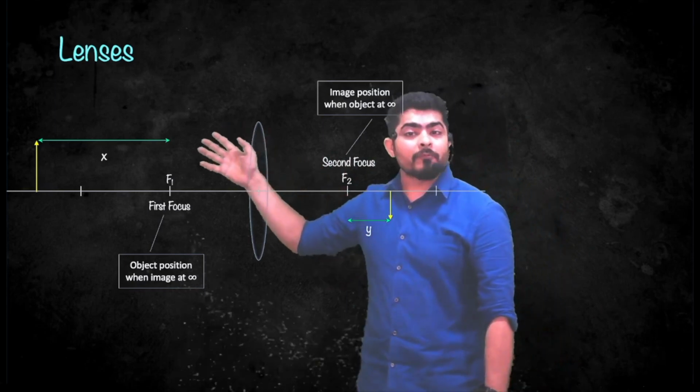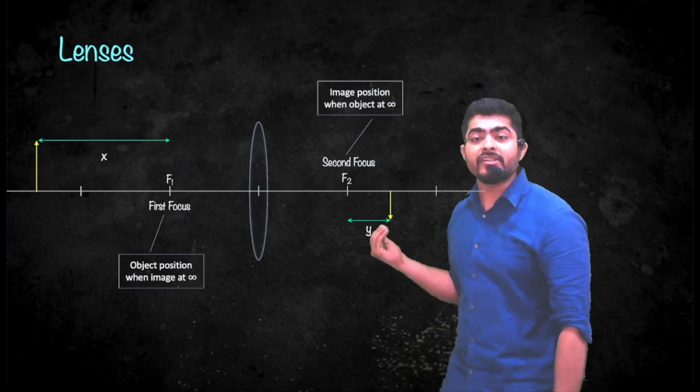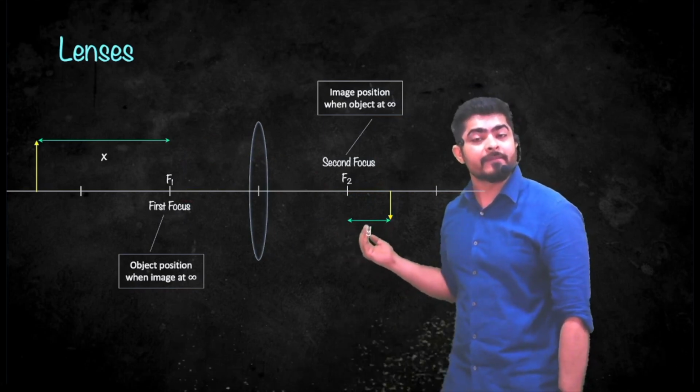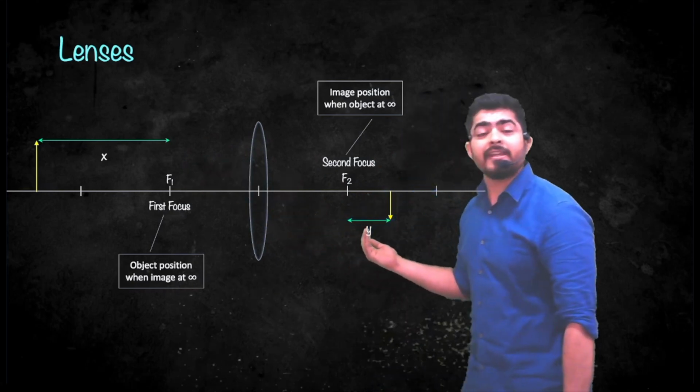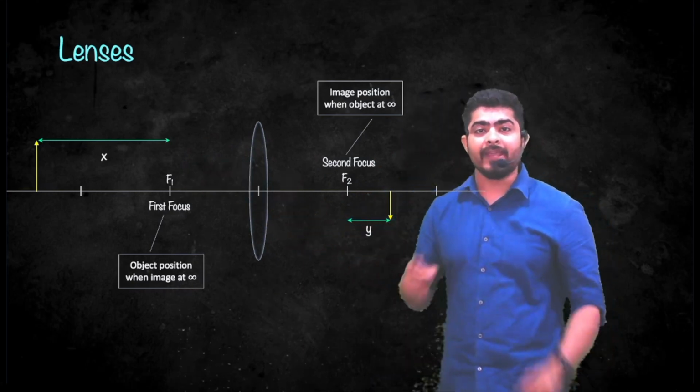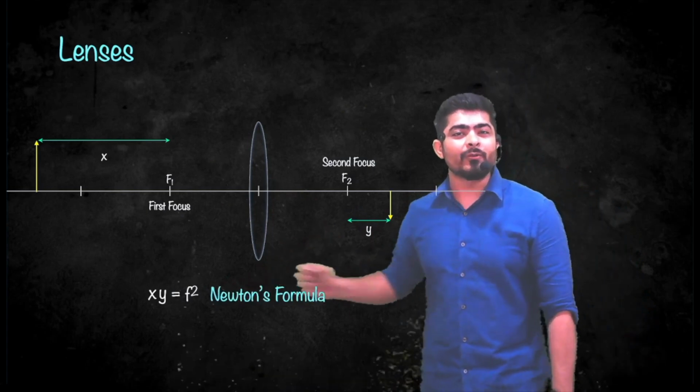So for the object you measure the distance from the first focus, and for the image you measure the distance from the second focus. Distance of object from the first focus is x, distance of image from the second focus is y. Then again you get xy equal to f square.